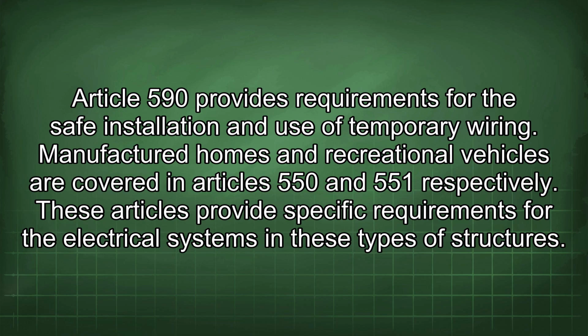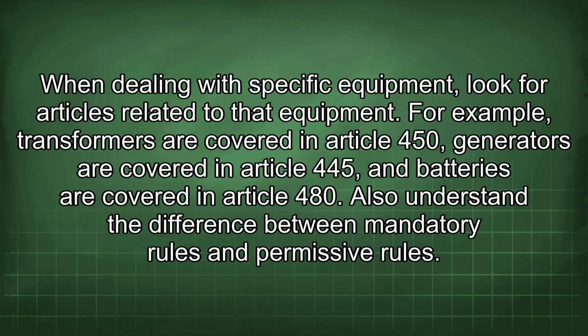These articles provide specific requirements for the electrical systems in these types of structures. When dealing with specific equipment, look for articles related to that equipment. For example, transformers are covered in Article 450, generators are covered in Article 445, and batteries are covered in Article 480.